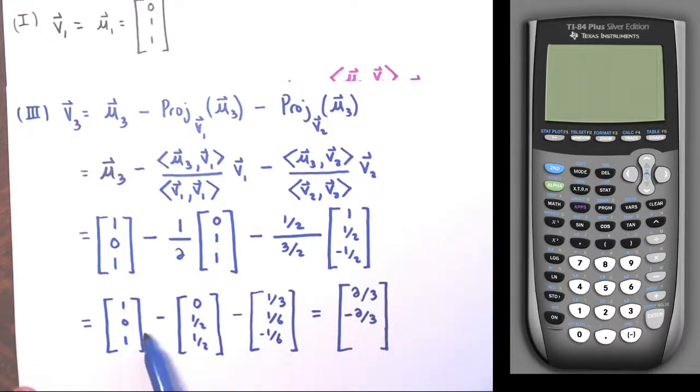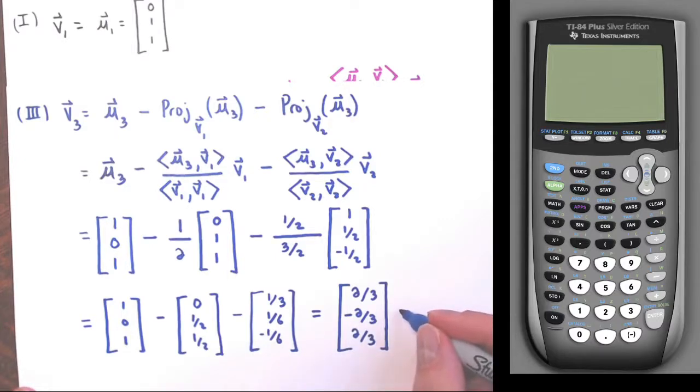And then 1 minus 1/2 is 1/2, or 3/6, and then minus negative 1/6 would be plus 1/6. So 3/6 plus 1/6 is 4/6, which is 2/3.